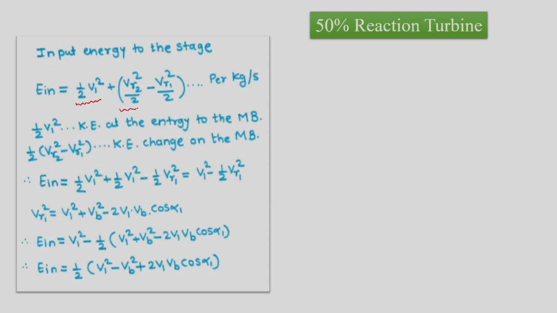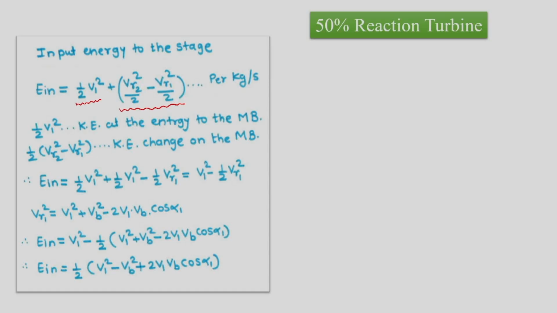But this is the kinetic energy which we got generated, we got changed, increase in kinetic energy on the moving blades at the expense of decrease in enthalpy on the moving blades. So there are two kinetic energies which should be summed to get the total energy which was received by the moving blade to do the work. So we have this 1/2 V1 square plus VR2 square by 2 minus VR1 square by 2.